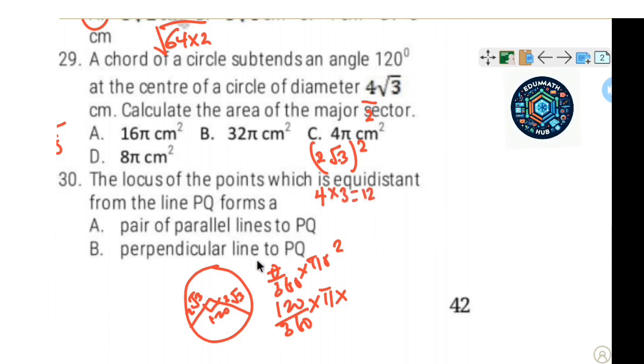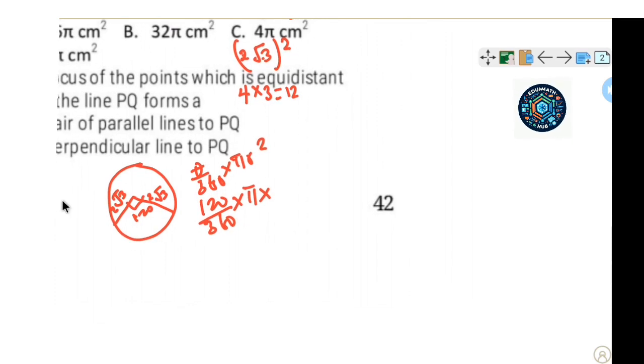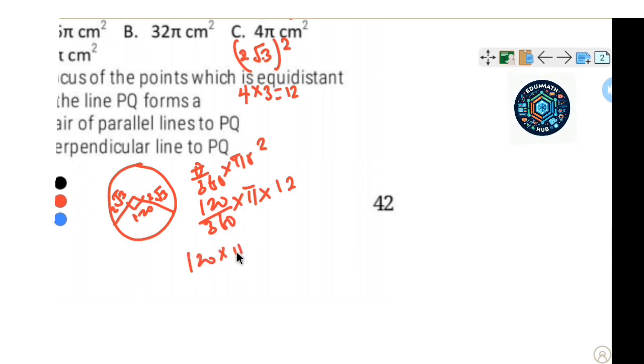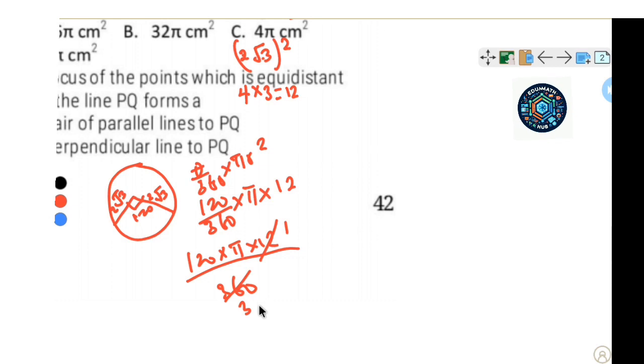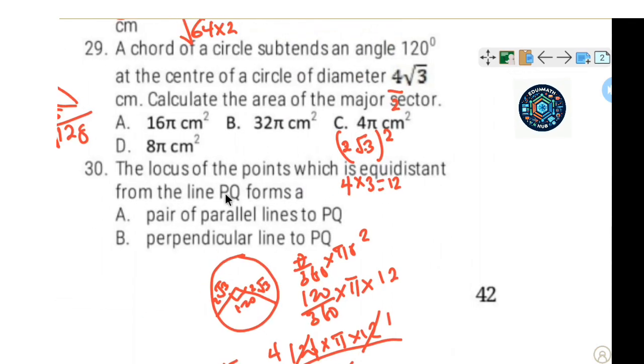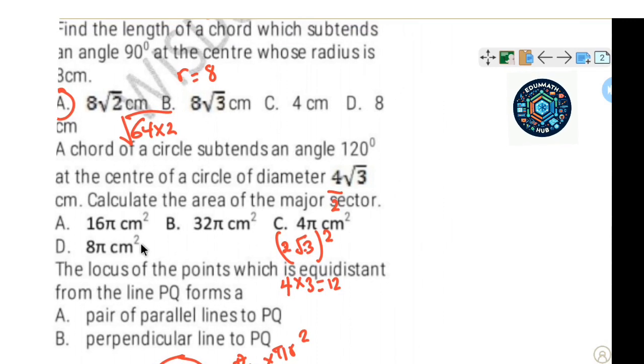So everything here is 12. So you have 120 times pi times 12 divided by 360. 12 cancels with 360 to give you 30, and 120 divided by 30 gives you 4. So you have 4 pi. All the answers are in terms of pi. So 4 pi centimeter squared will be the answer.